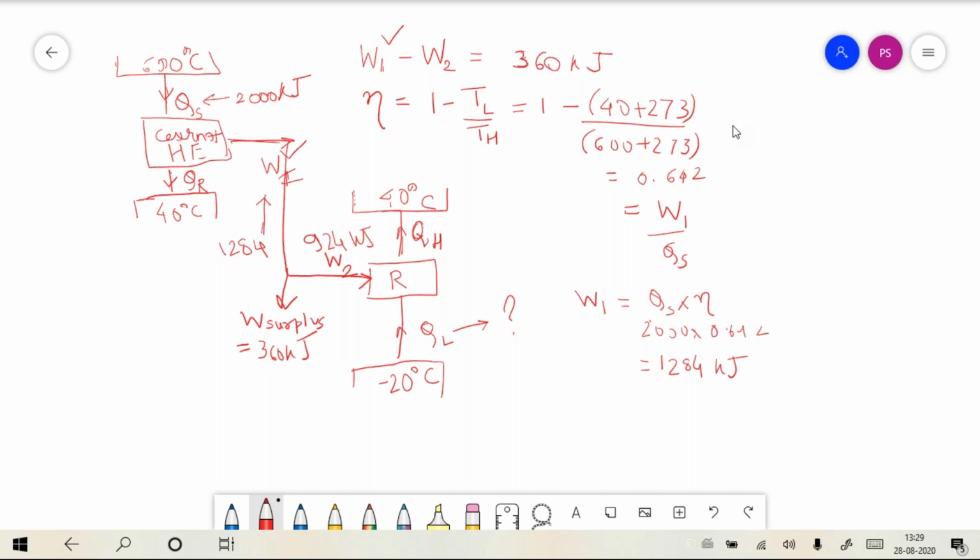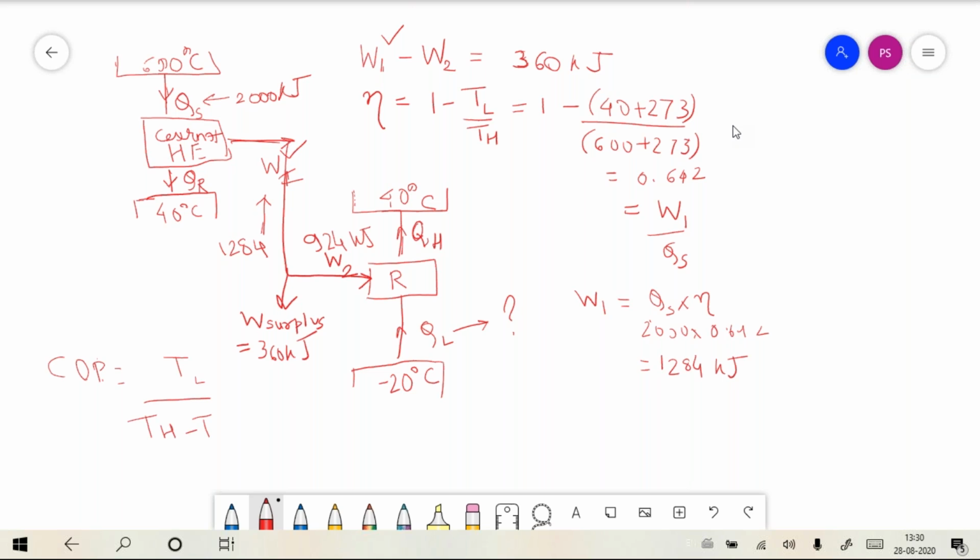So now look at this problem. This is a problem of the refrigerator, wherein you are given the work input to the refrigerator, which is 924, and it is a Carnot refrigerator. For a Carnot refrigerator, the COP would be TL upon TH minus TL.